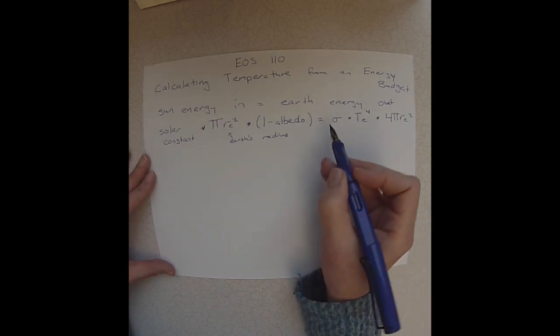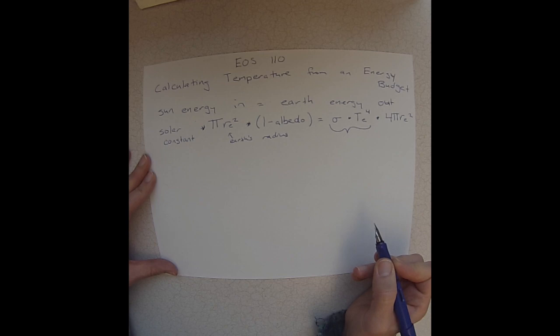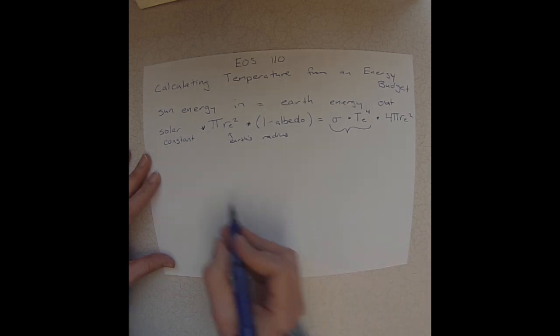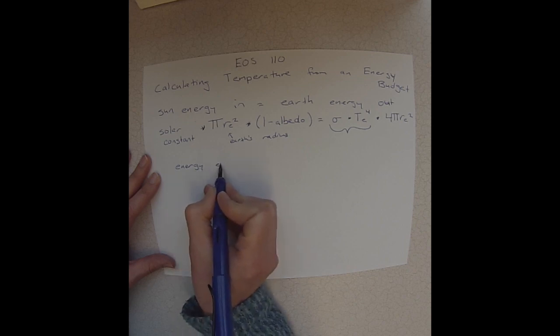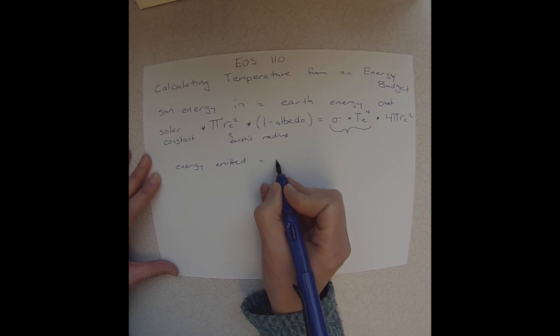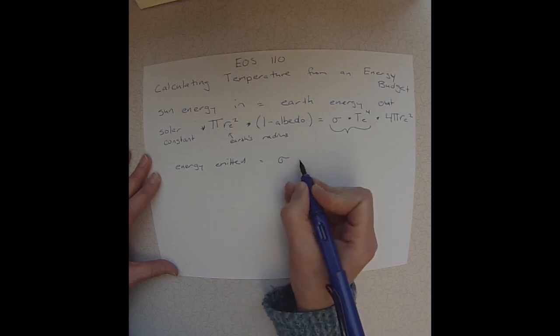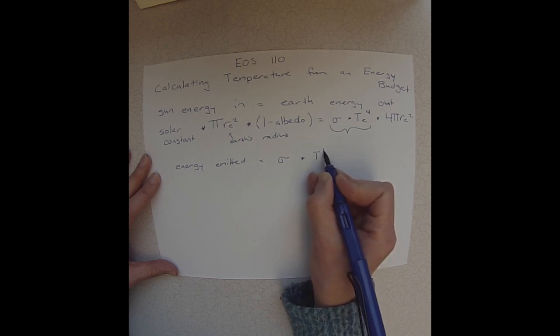And before I go on, I want to say a little bit about this part here. This is the Stefan-Boltzmann equation. It says that the energy emitted by an object is related to the Stefan-Boltzmann constant times the temperature of that object to the 4th power.